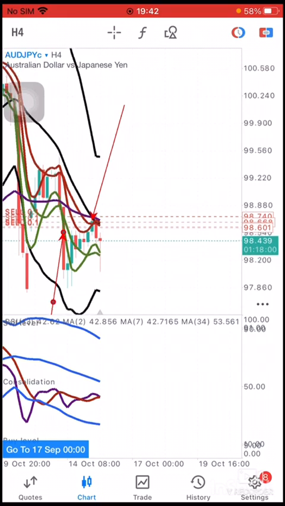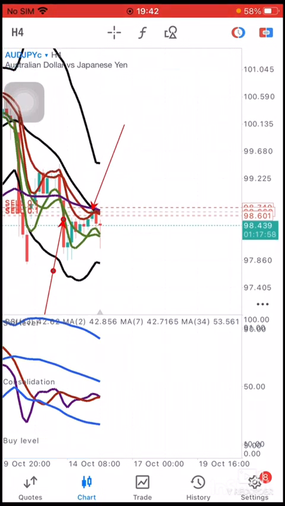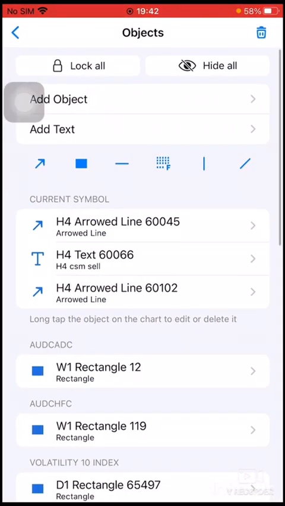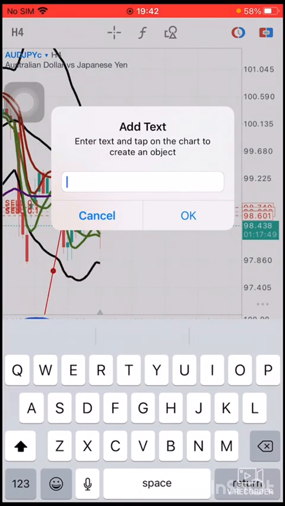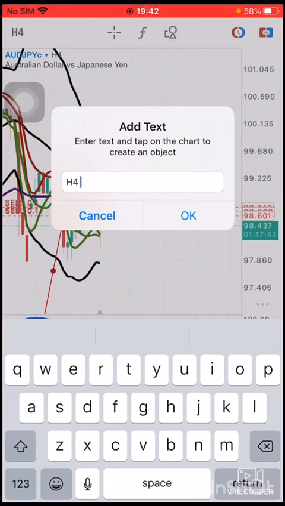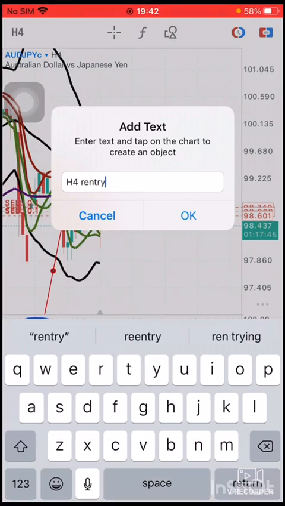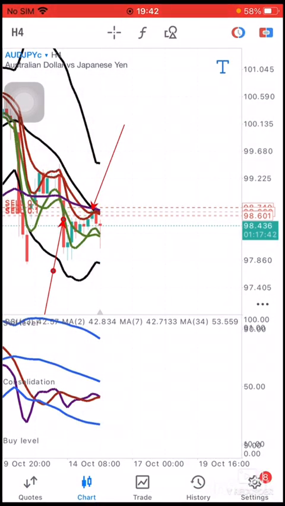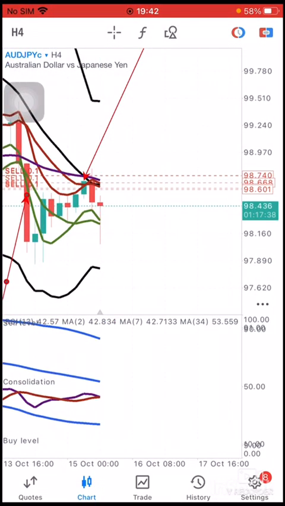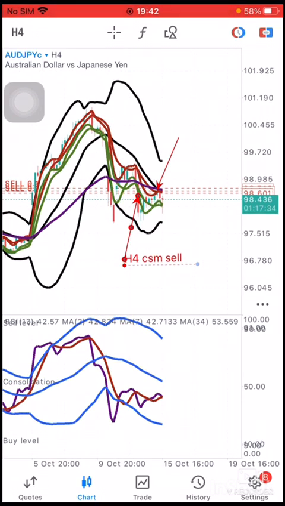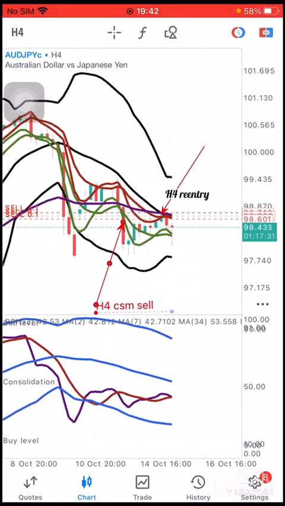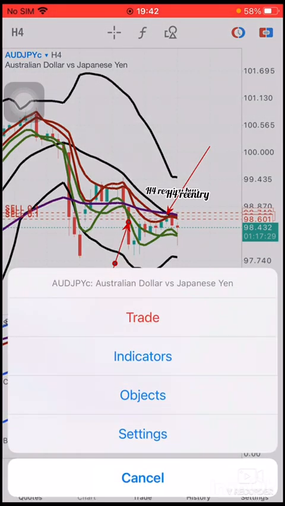I need to type it again. The H4 reentry. It's taking it so broad, far away. Anyway, that's the H4 reentry. Reentry is around here where I'm showing you the arrow.